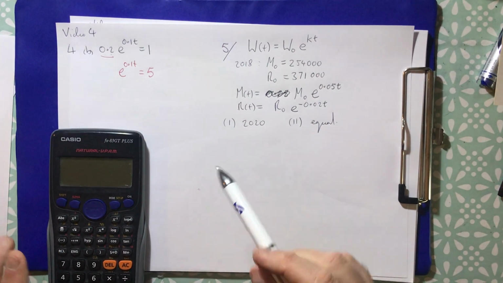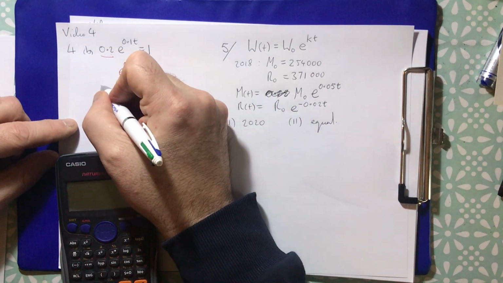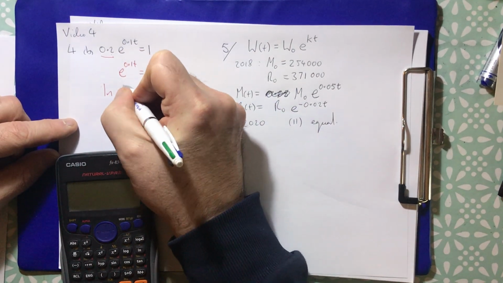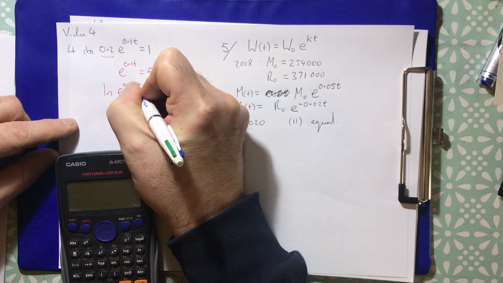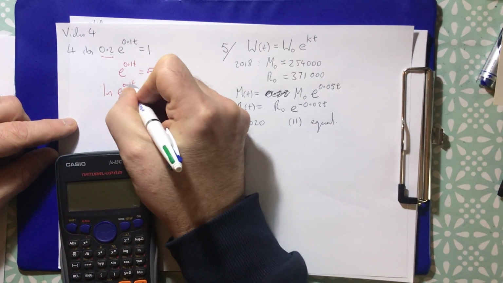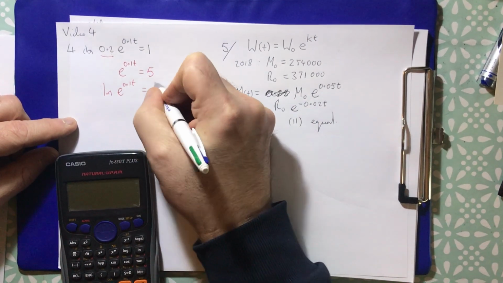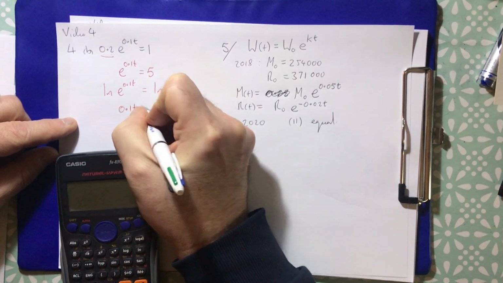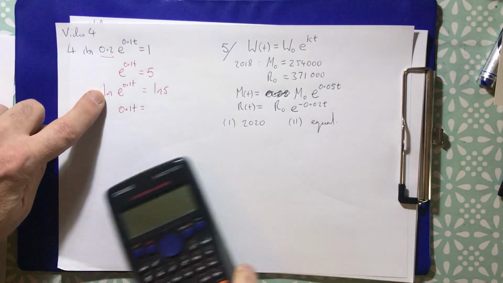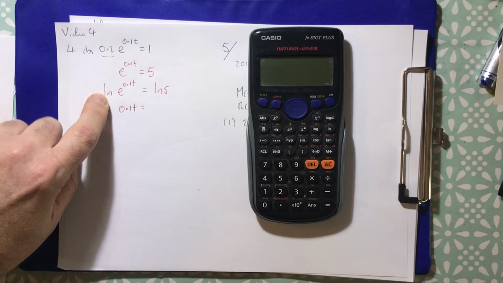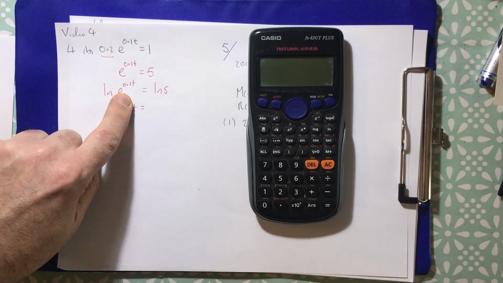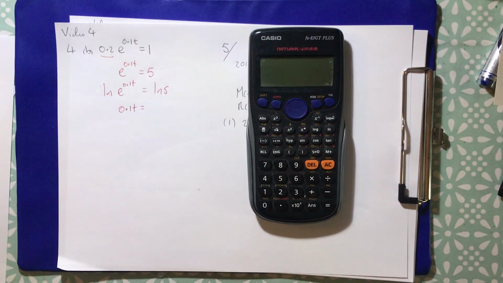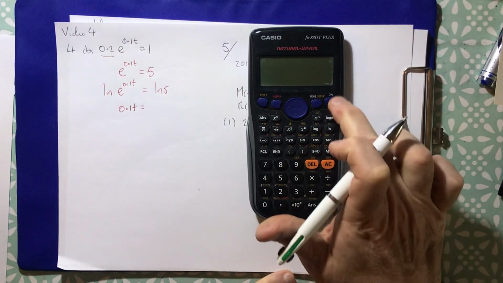So what I'm going to do now is ln both sides. Remember, ln and e cancel each other out, just leaving you that bit there. So that would give me 0.1t equals ln 5, because remember ln is log to the base e, and log to the base e of e to the power just gives you what the power was. That's why we use it.